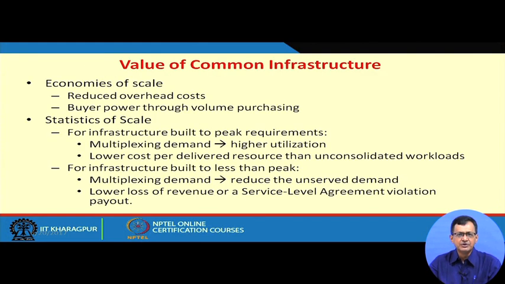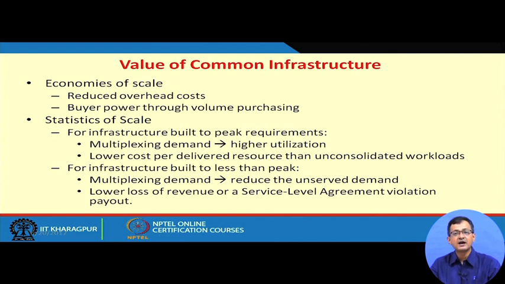With this, we want to find out the valuation, or whether there is an economic point of view. We look at it a little bit statistically, just a very little portion, to understand this issue. One is economies of scale: reduced overhead cost, buyer power through volume purchase.